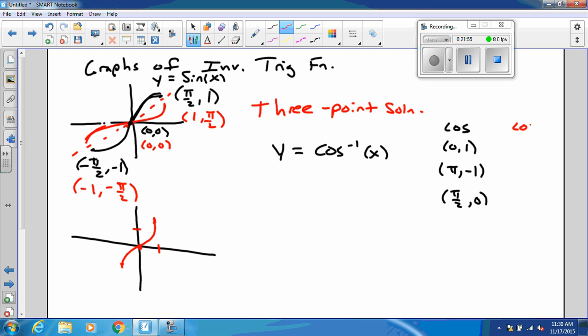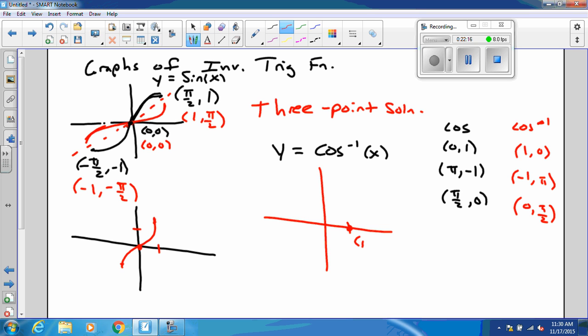We can now invert those points by swapping x's and y's. And that gives us 3 points on our graph of inverse cosine. And I can now plot those, 1, comma 0. So I go out to 1, and there's 1, comma 0.